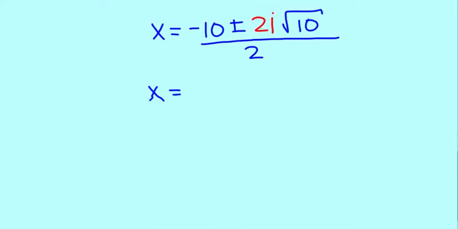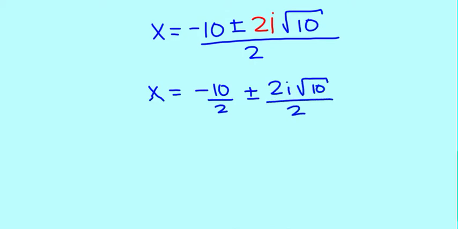I'm going to go ahead and separate out as negative 10 over 2 plus or minus 2i square root of 10 over 2, so separate out into two fractions. And you can reduce this by a 2. So you're left with negative 5. You can reduce this by a 2. So x equals negative 5 plus or minus i square root of 10.